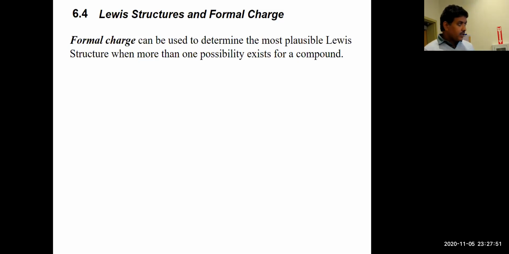Okay. Let's see what we got here. As it says here, formal charges can be used to determine the most possible Lewis structure when more than one possibility of Lewis structure exists for a compound.